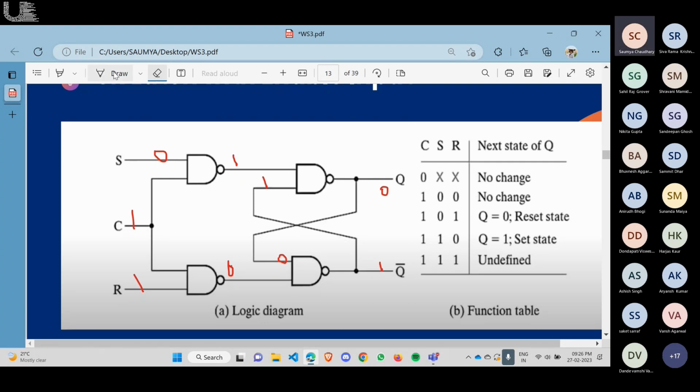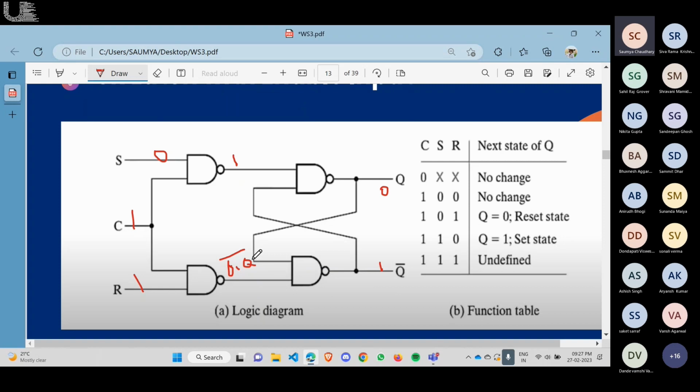You can see this one this way also. Here it is 0. Here it is Q. Take the dot, and this will be the output of the AND gate.